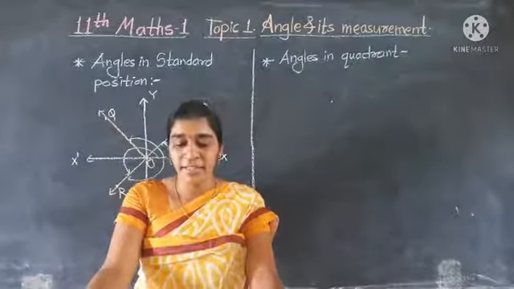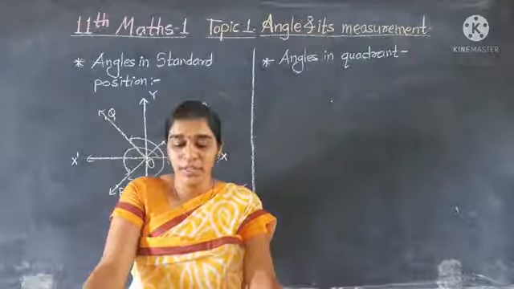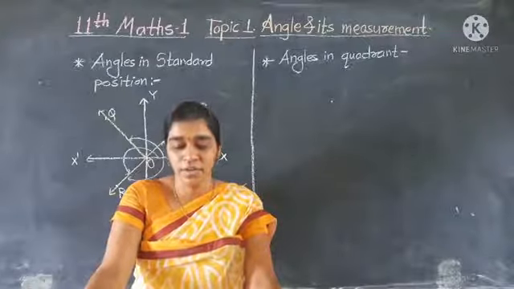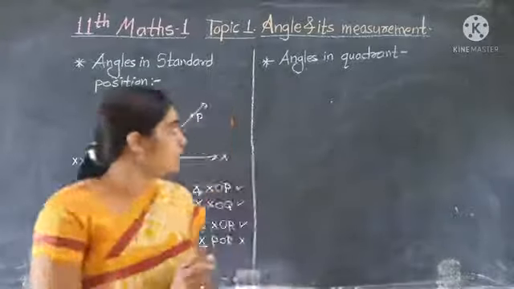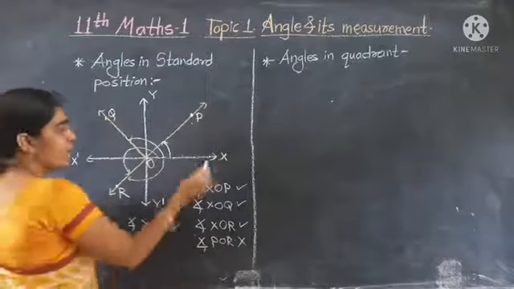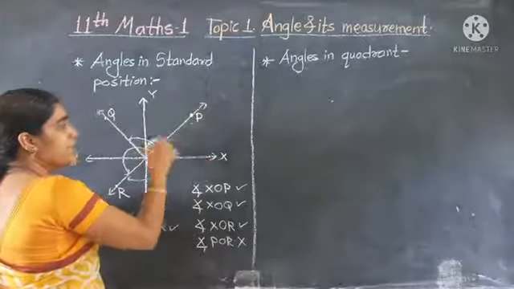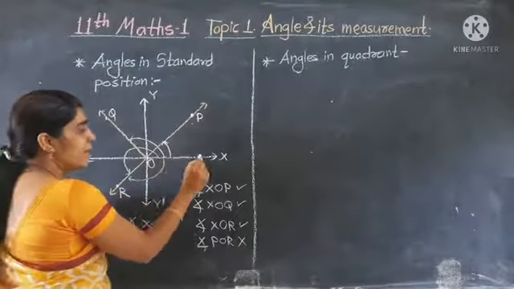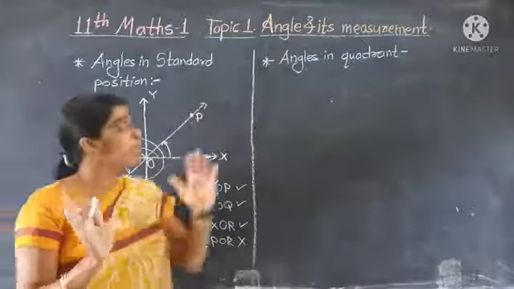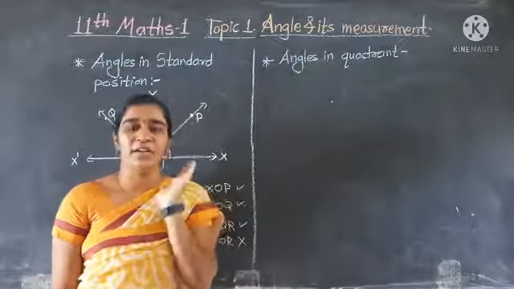A directed angle in standard position is said to be in a particular quadrant if its terminal ray lies in that quadrant. Okay, means what? See, angles in quadrant, means see in this figure XOP, it is a directed angle. Its initial arm is on the positive x-axis. So angles in quadrant depend on its terminal arm.